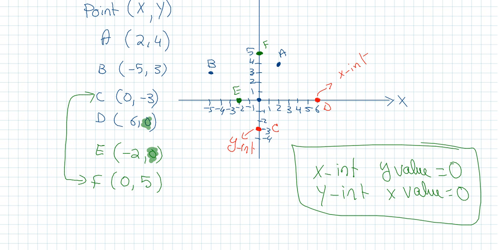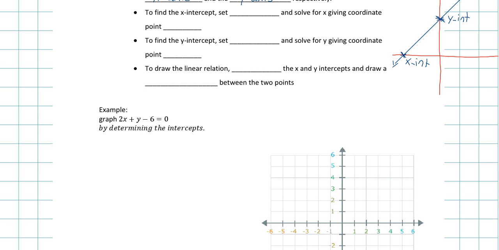Now, I'm going to go back to my lesson. Okay? So, to find the x-intercept, what should be equal to 0? The y.